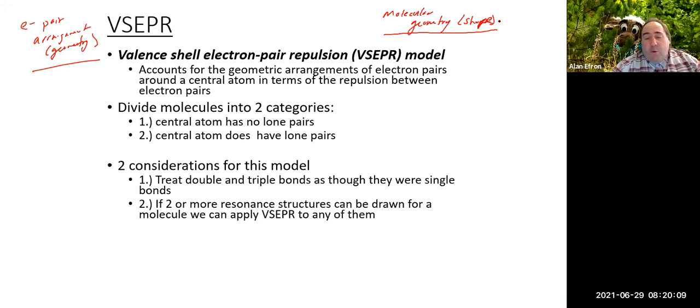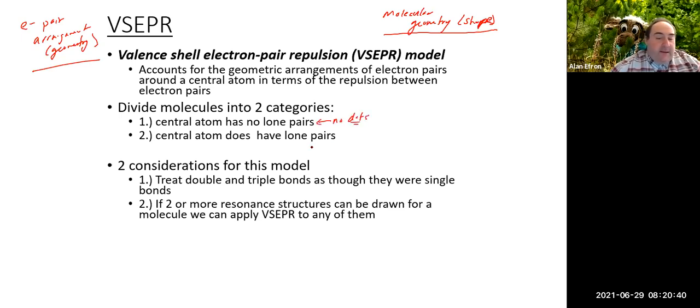When we look at geometry, we can divide the molecules into two categories. One is where we have a central atom that has no lone pairs. Remember, lone pairs are non-bonding electrons, and that basically means we have no dots on our Lewis structure.